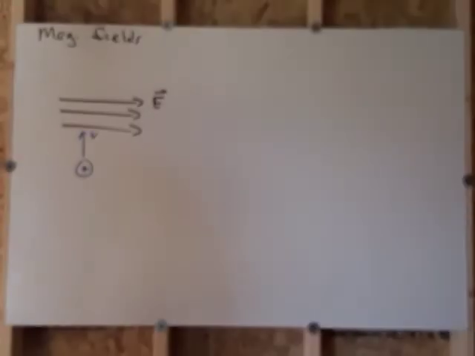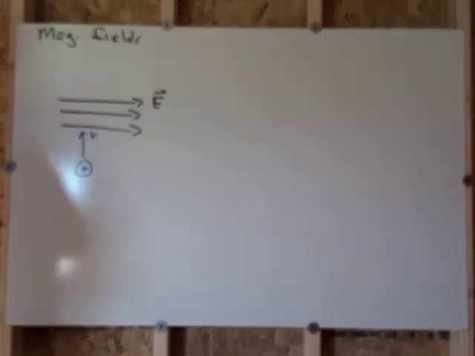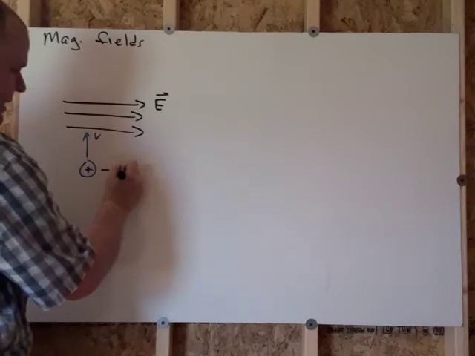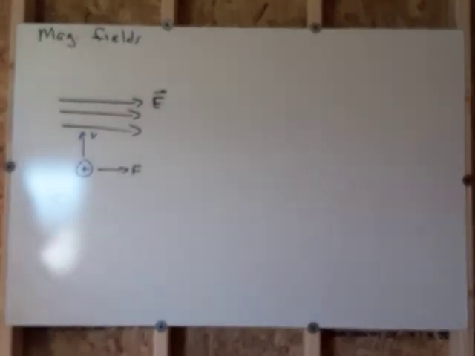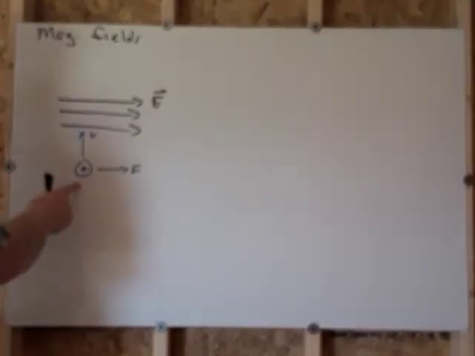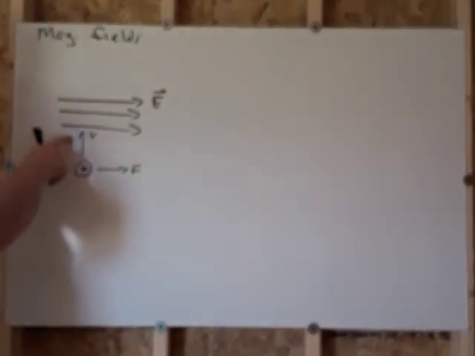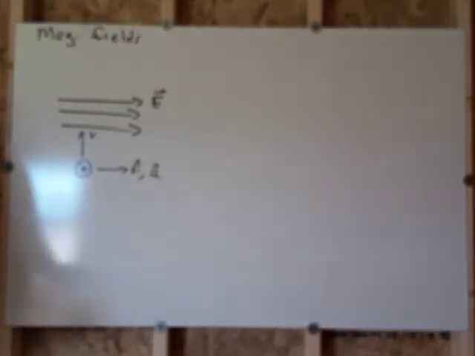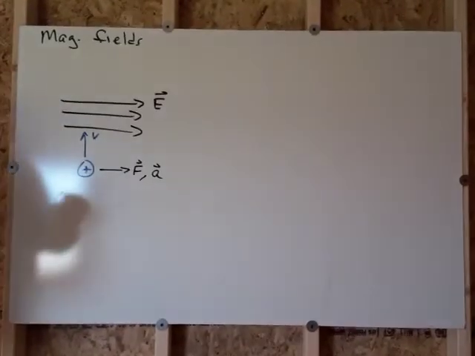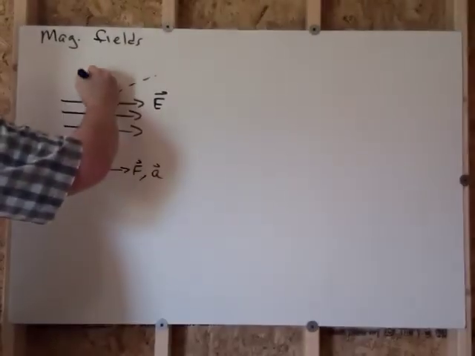So in the case of the electric field, the force that we see on this thing is along the electric field for the positive charge. That means that the velocity is constant in this direction and it accelerates in that direction. And so the path that this charge is going to take in this electric field is a parabola.